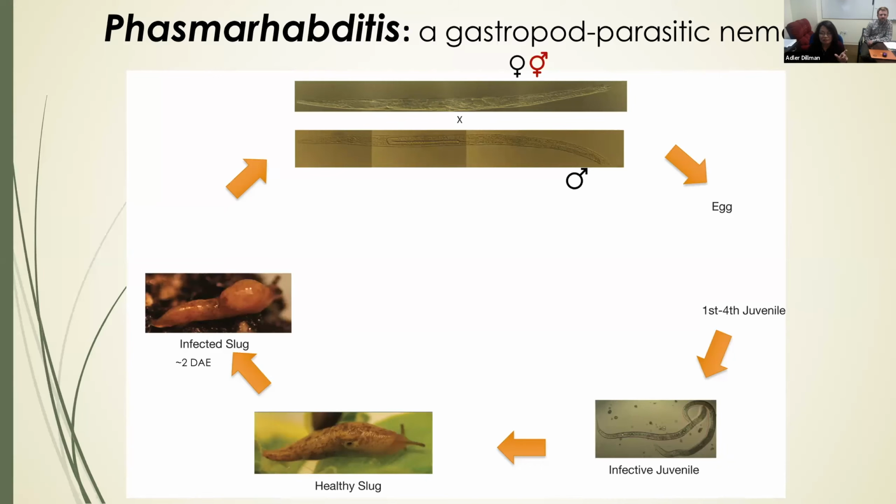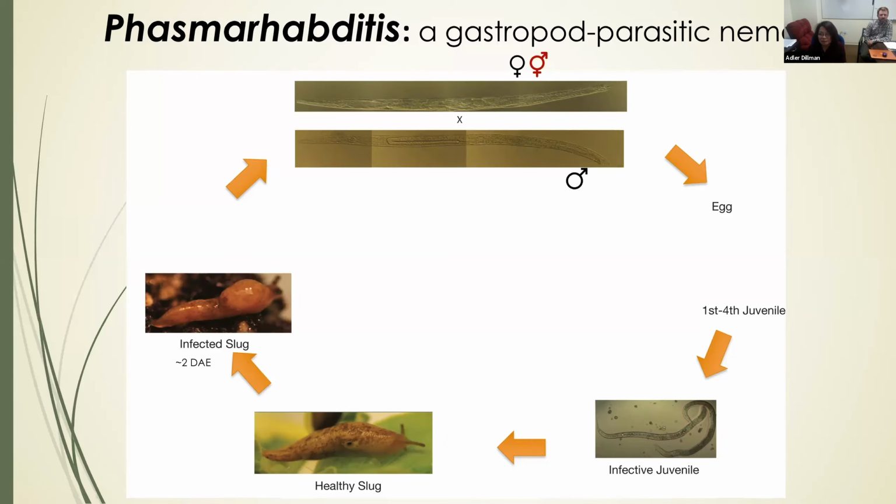And that is, for example, the absence of food or overcrowding. So like third or fourth stage, they can revert to a dormant stage, that is the infective stage of Phasmarhabditis. And in the presence of a cue of food, like a healthy slug, then they enter through the natural opening behind the mantle.